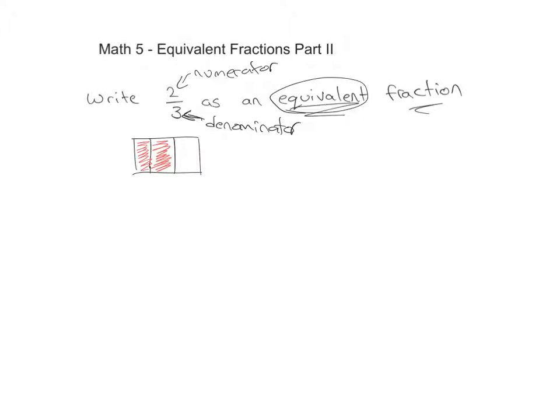Last day we talked about how we could draw a line down the middle here. Now you can see I'm still getting the same amount of cake, but my cake is cut into 6 pieces. So the denominator becomes 6. And for me to get the same amount of cake, I now have to have 4 pieces of this 6-piece cake.